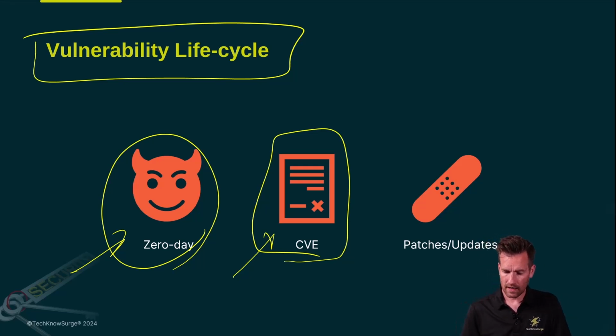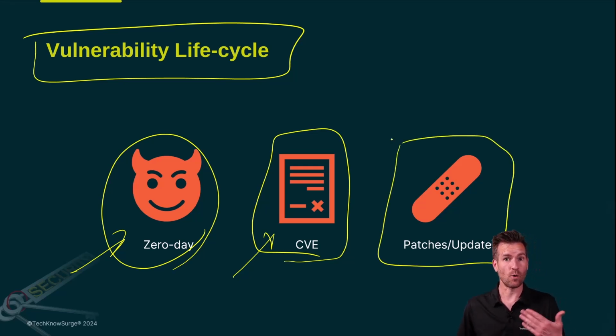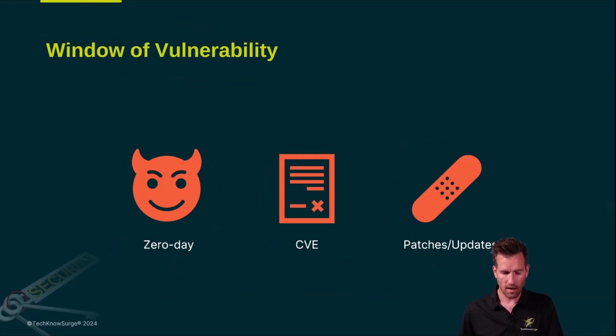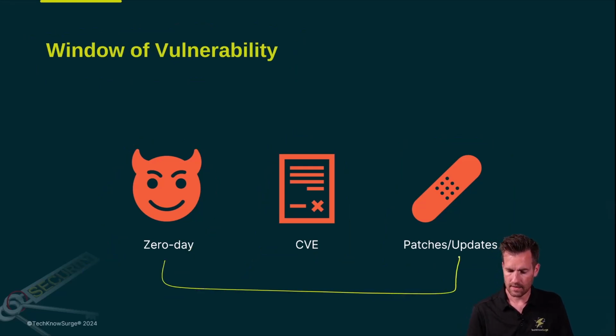And then the developers create some sort of patch because they're aware of it now, and they send out the patch. Now, the problem between this 0 day and things getting patched is that things are vulnerable, and we call that the window of vulnerability between these two times.